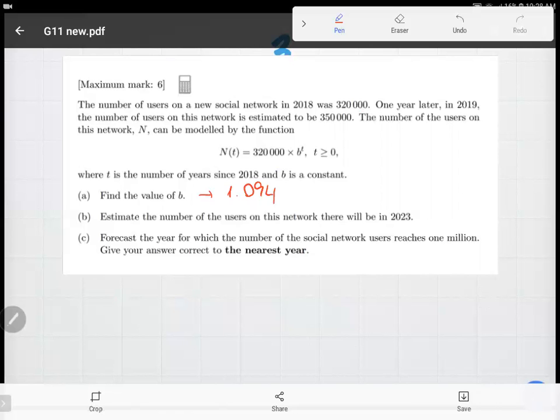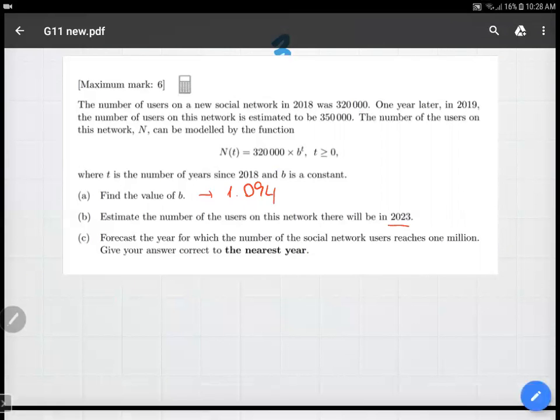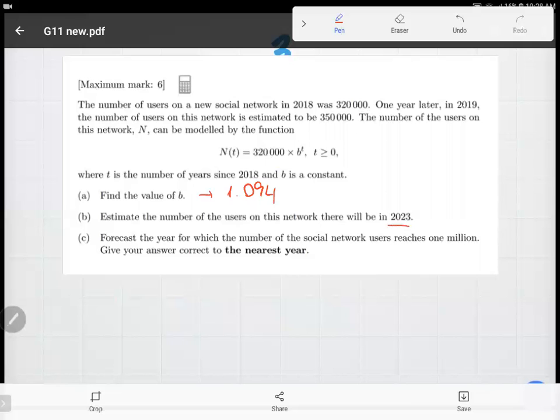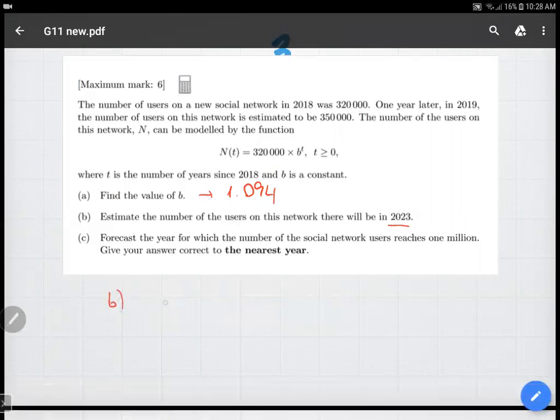If you read part B, we will estimate the number of users in 2023. So first of all, we need to think how many years will pass. We start 2018 until 2023, it means 5 years later. So we're going to calculate N of 5.